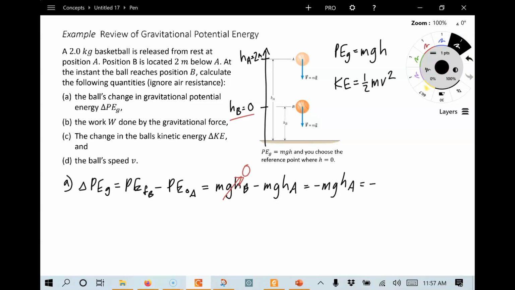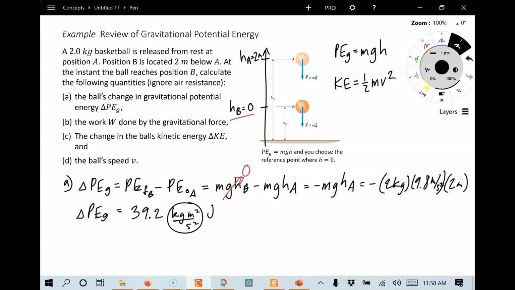And we can plug in the numbers here: 2 kilogram mass, 9.8 meters per second squared, and h_A is equal to 2 meters. Put that into the calculator, and we get a value of 39.2, and the units are kilograms meters squared per second squared.